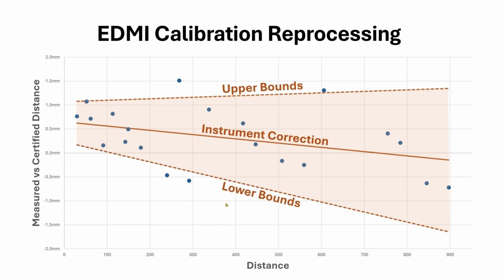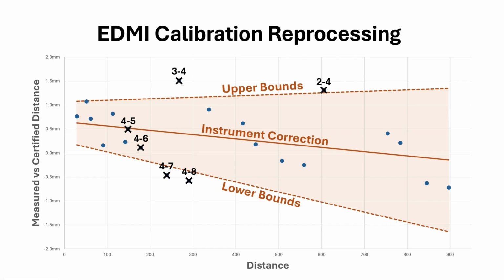So the upper bound is the instrument correction value plus the uncertainty, and the lower bound is the value minus the uncertainty. The lower the uncertainty of the instrument corrections, the more these bounds will actually tighten up around the instrument correction line. It's just a way to represent the corrections as well as their uncertainty for comparison.